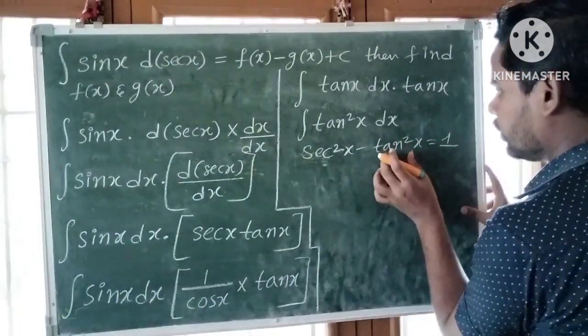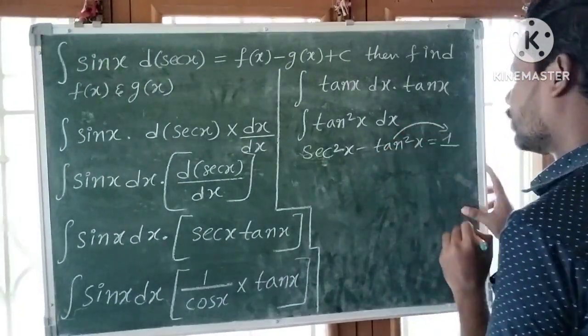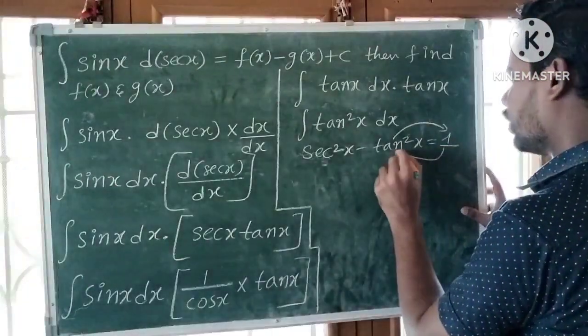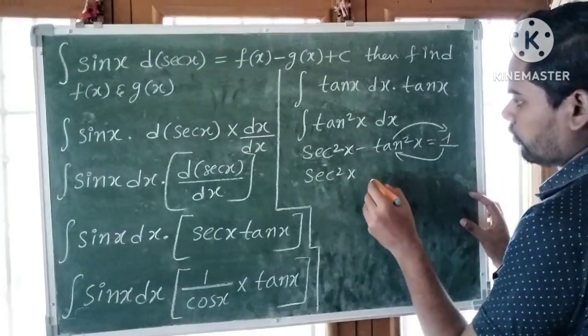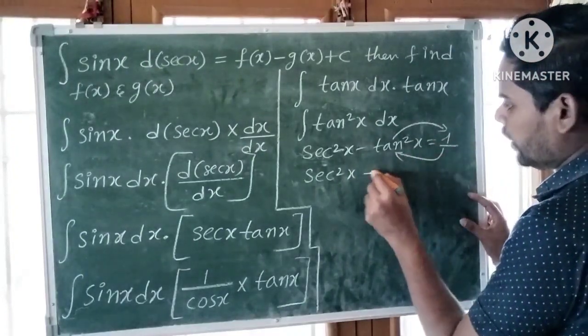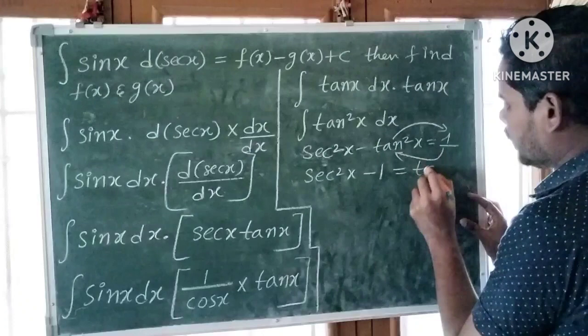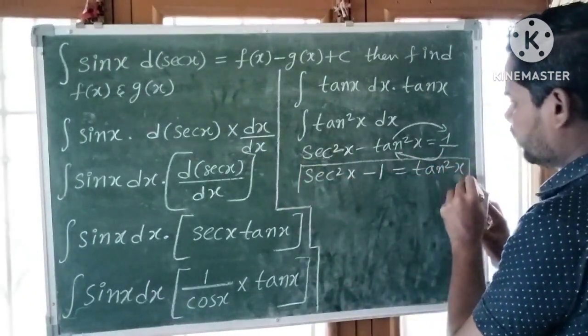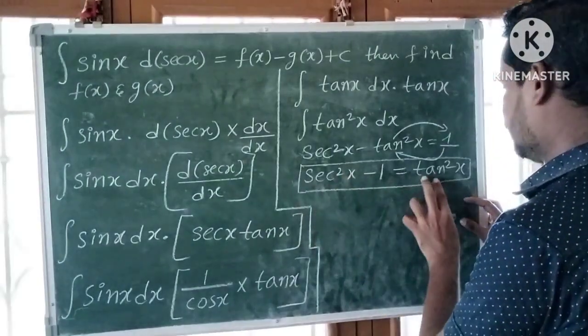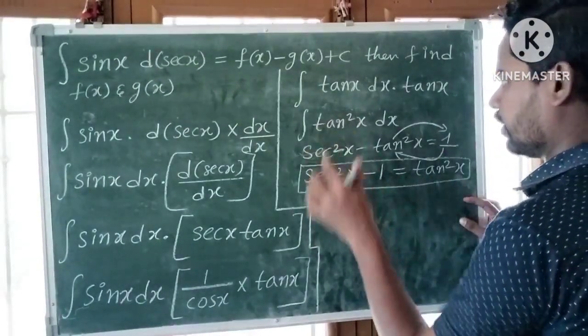Now transpose tan square x to the right hand side and 1 to the left hand side: secant square x minus 1 is equal to tan square x. So in place of tan square x we can write secant square x minus 1.